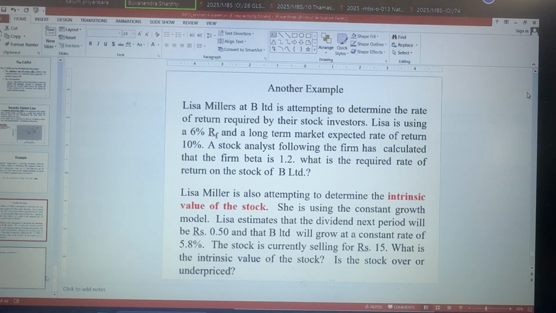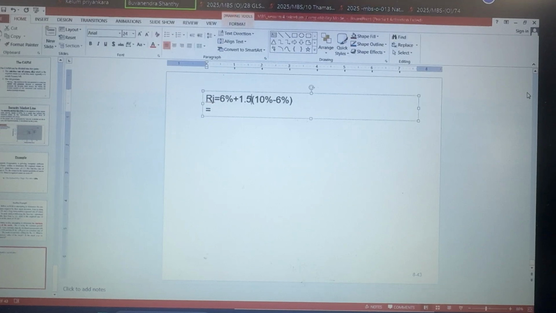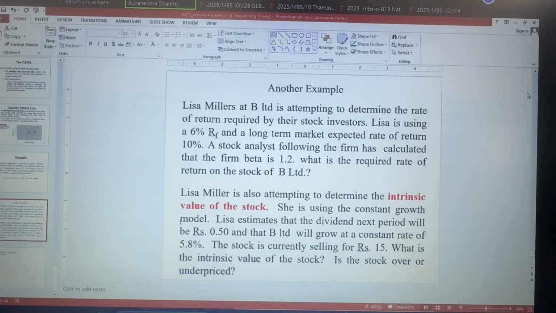Beta is 1.2 here, that is the difference. So it becomes 10.8%. Okay? That is how you directly use it and find it.